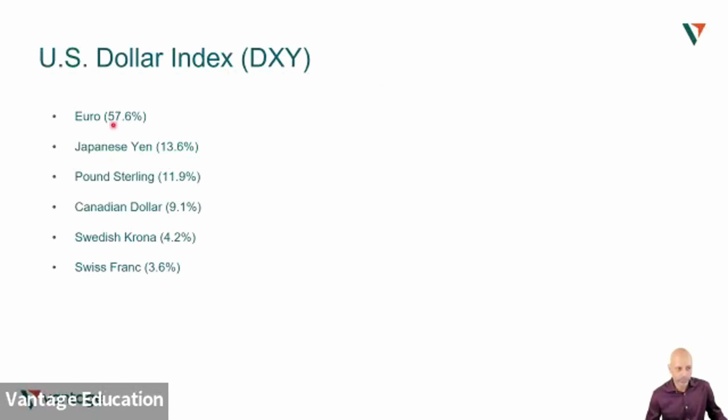So of course the US dollar would be underperforming all these currency pairs. That means we would be seeing EUR/USD rising sharply, USD/JPY falling sharply, pound sterling rising, so cable, GBP/USD, rising, and USD/CAD falling, and so on and so forth.